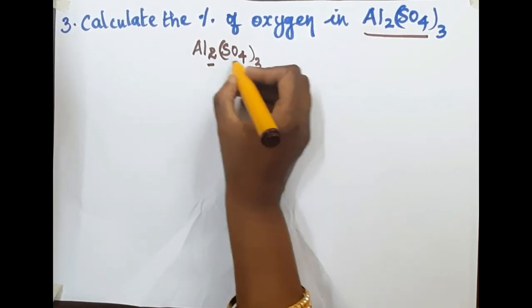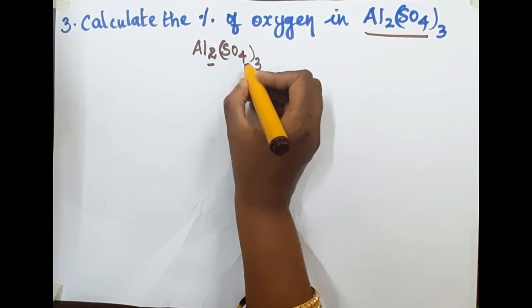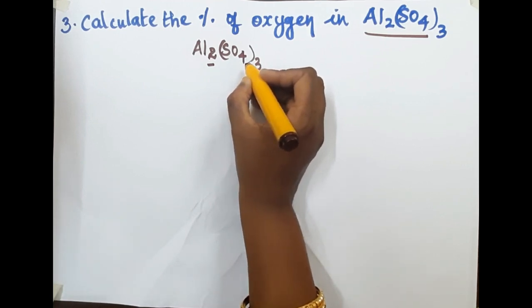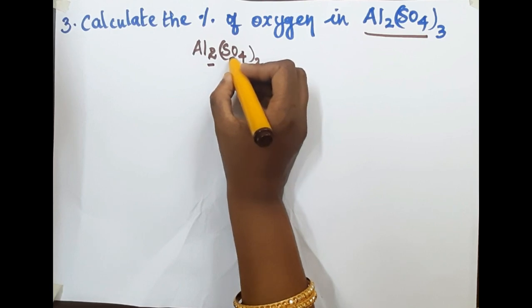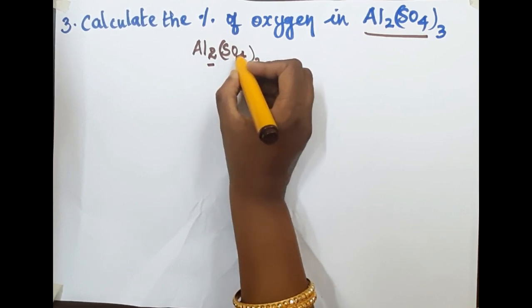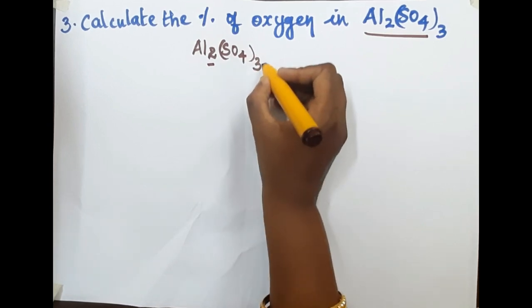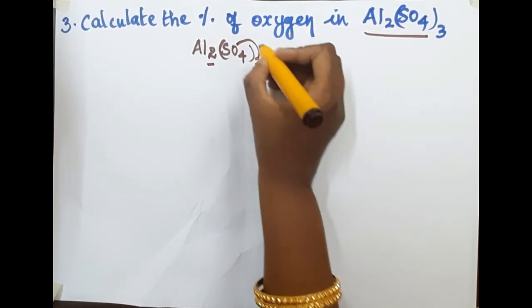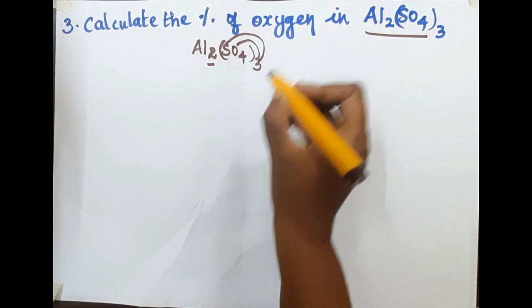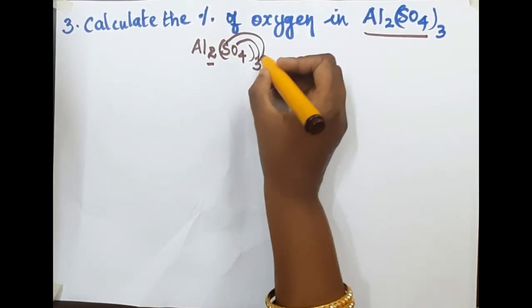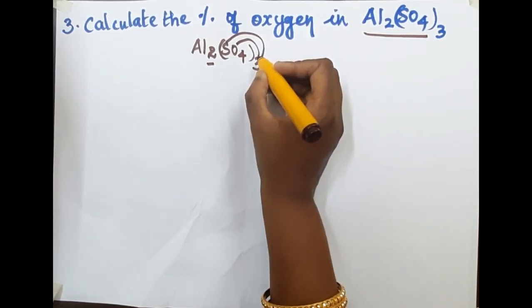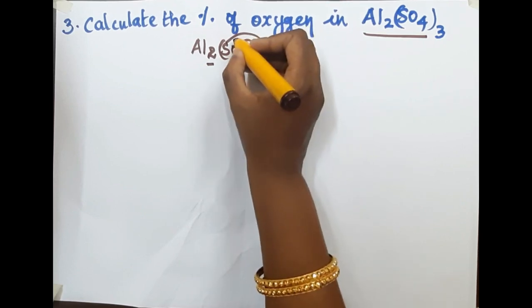And now the complication comes here in the sulfate, that is SO4 thrice. Sulfur here is 1 and oxygen is 4. Watch clearly, children. This 3 is applicable for O and also S.